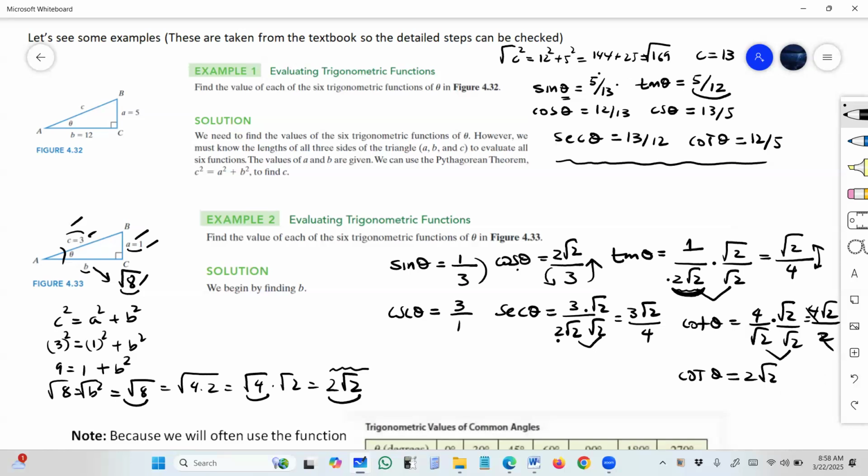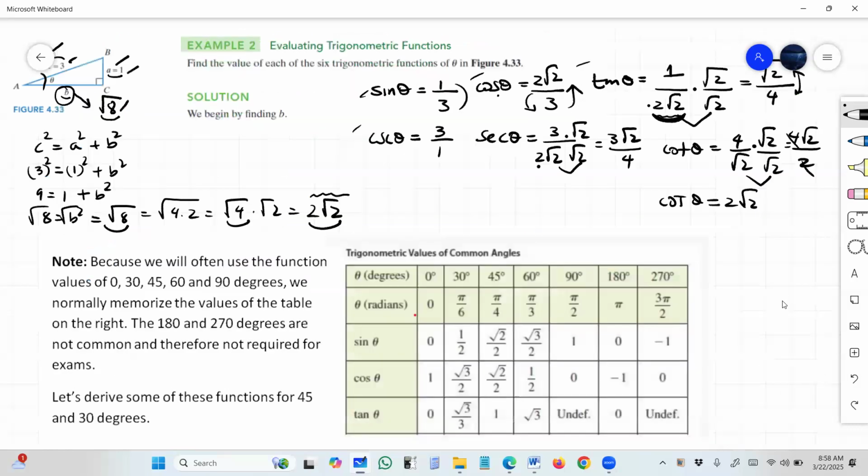Okay? So all we have to do is find the missing side and apply the definitions of the trig functions on the triangle and find those 6 values. Now, these are angles that we do not know.